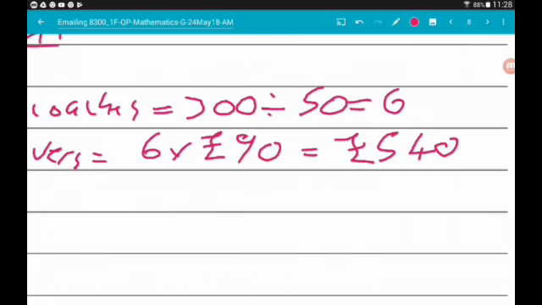So first thing we're going to do is 16.4 minus 3.92. So we're going to use the column method. So we're going to say 16.4, 16.40. So then we've got the same number of decimal places as 3.92.